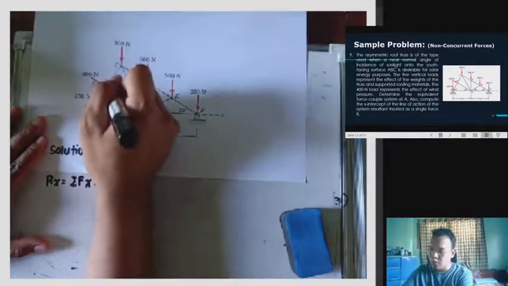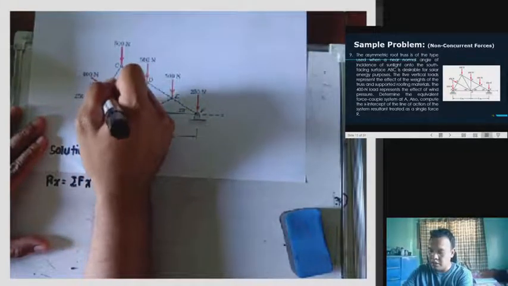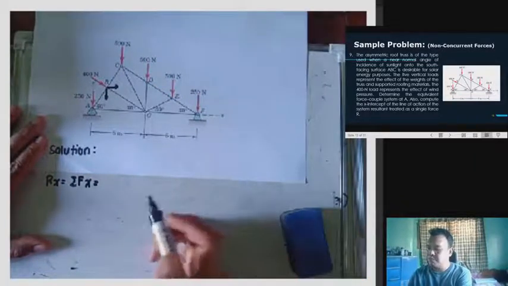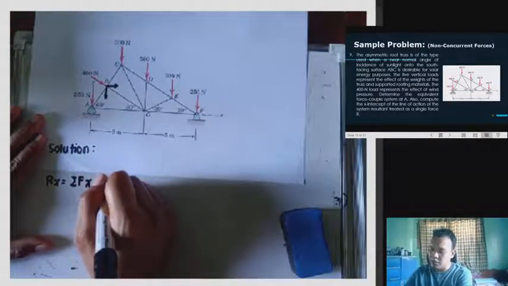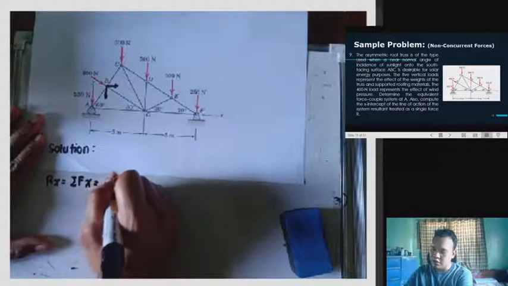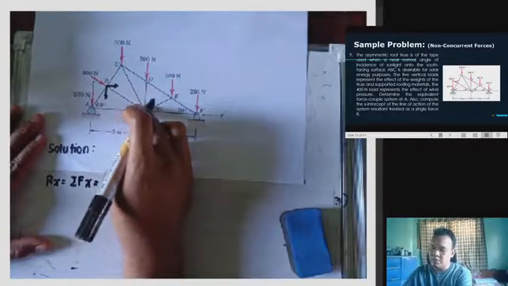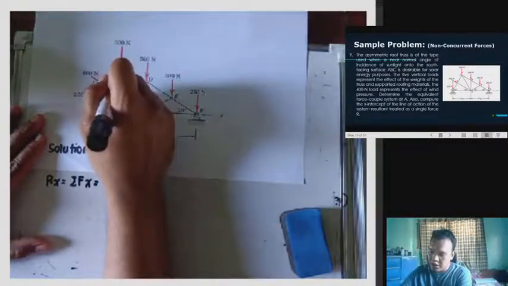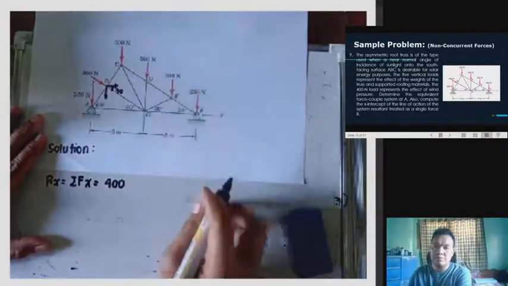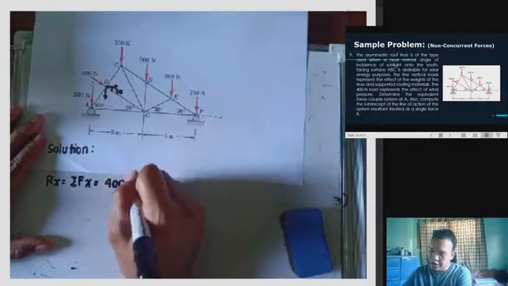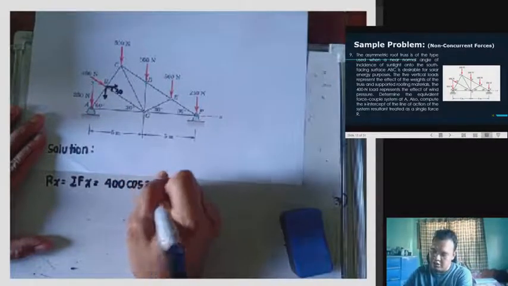So, ito yung may component na x, pag ganyan, at pag ganito. Then, wala na. So, Rx natin is equivalent kay 400. So, to get the value of this, angle 30 din to? So, lalabas, 400 cosine 30.